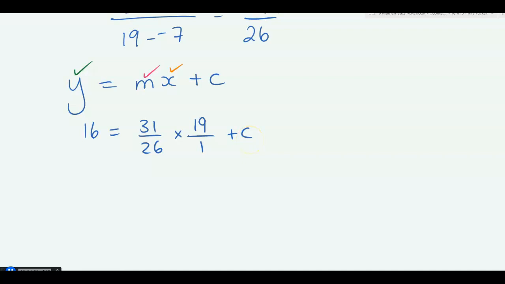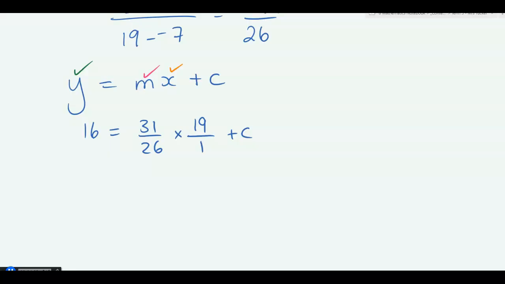Now the biggest mistake I by far saw around the classroom was that people actually just forgot how to do this equation, which was a bit silly. So what I'm looking for is you need to subtract that fraction from the other side. So what is 16 as a whole number? How do I get that over into a fraction over 26? 416.